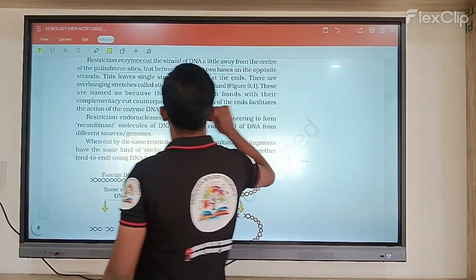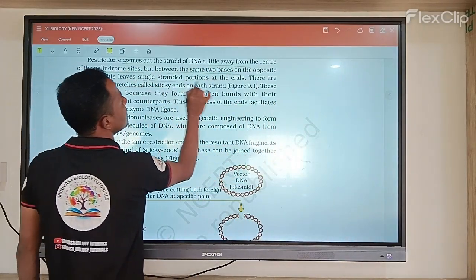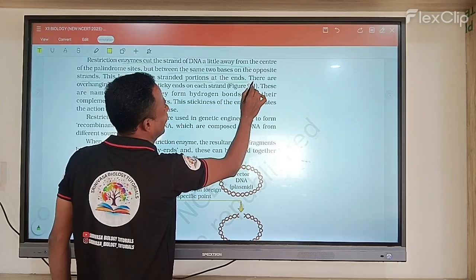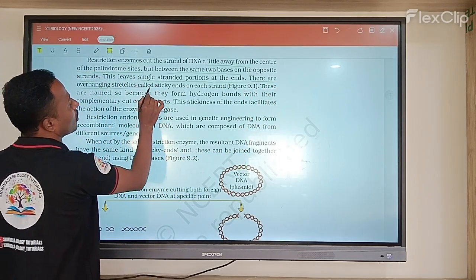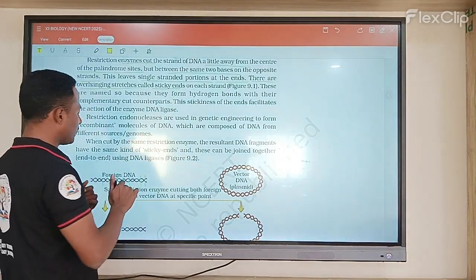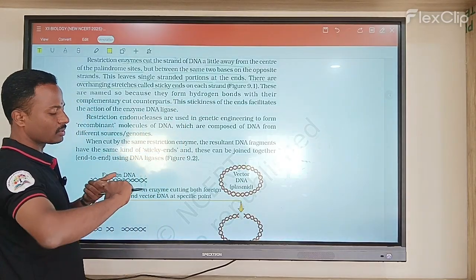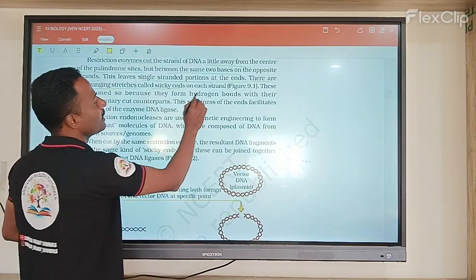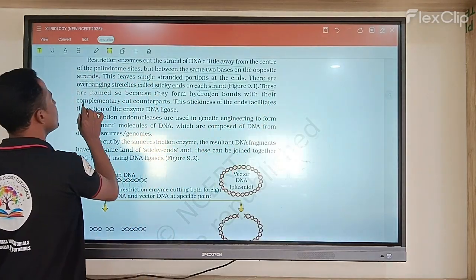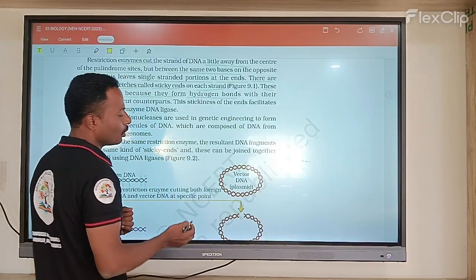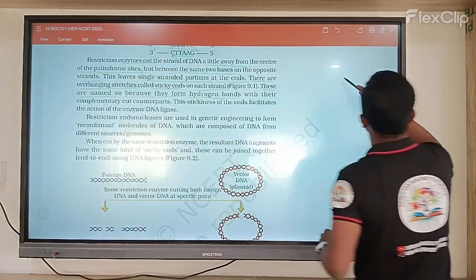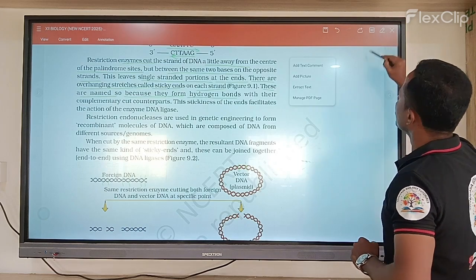See this single-stranded portion at the end, the overhanging stretches, called sticky ends. So when we cut, these regions are called sticky ends. They are named so because of hydrogen bonds.